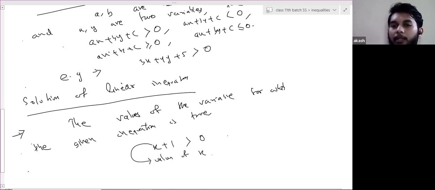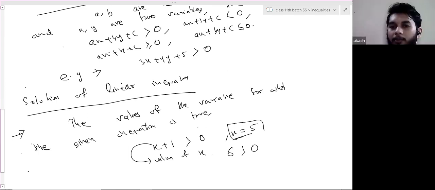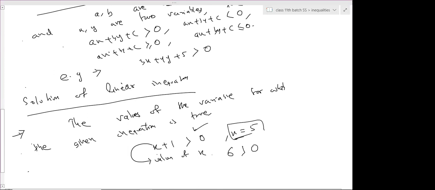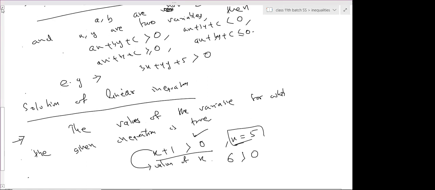If I put x equals 5, then 5 plus 1 is 6. It's 6 greater than 0, Fahad? Yes. So x equals 5 will be a solution of this inequation. So any value of x which makes this statement true will be the solution of this inequation. This is clear? Yes. Please note both of these things down.